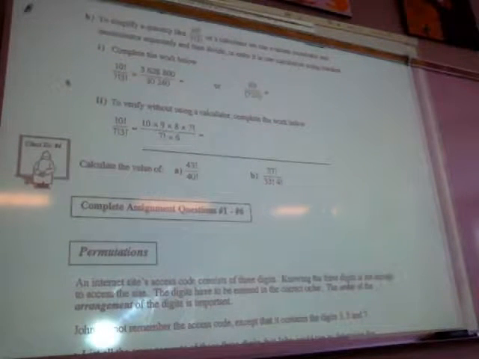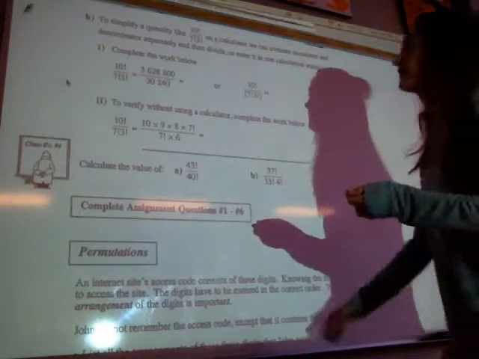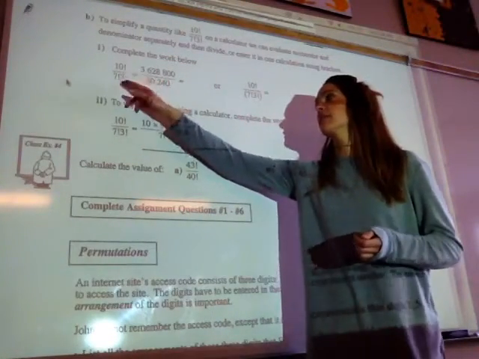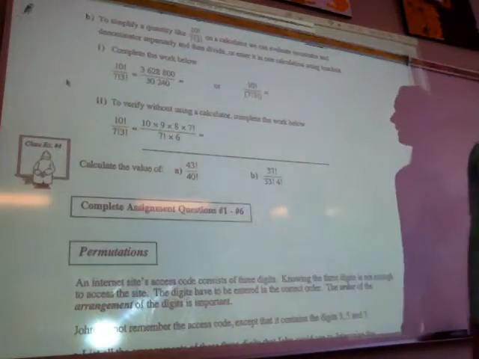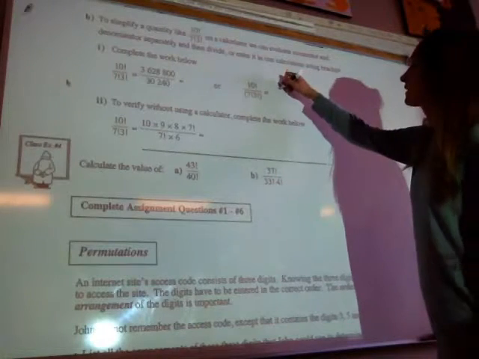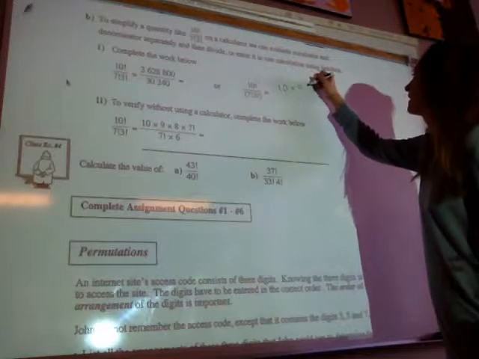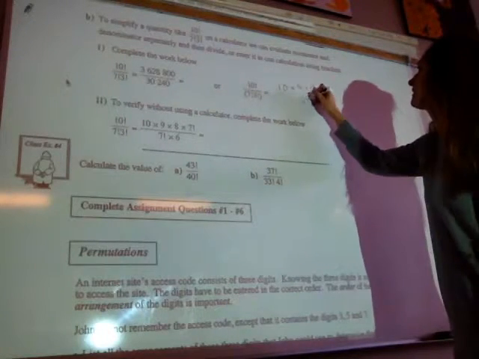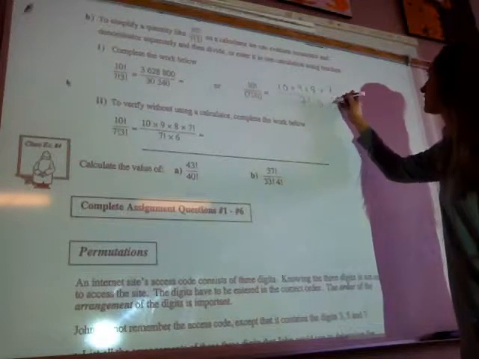So to simplify a quantity like 10 factorial over 7 factorial times 3 factorial on a calculator, we can evaluate numerator and denominator separately, then divide, or we can just enter it all at once. Or we could simplify it: 10 times 9 times 8 times 7 factorial divided by 7 factorial over 3 factorial.